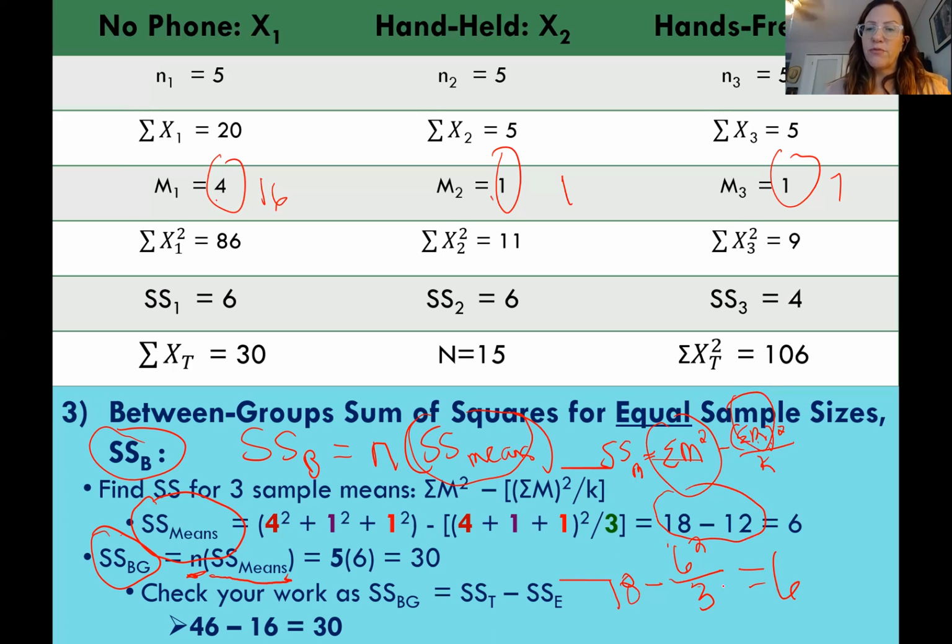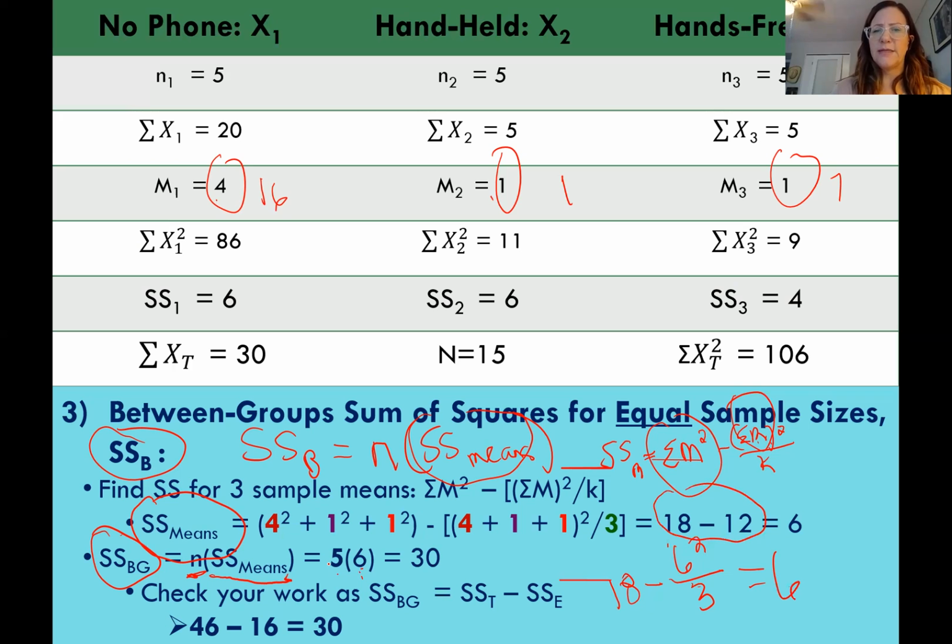Then you're going to plug this in. So you have to put that into the parentheses and multiply it by the lowercase n. Again, this equation can only be used with equal sample sizes. So how many were in each of the groups? There were 5 participants in each of the groups.